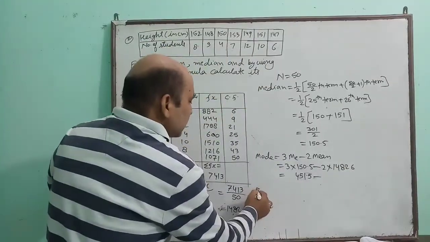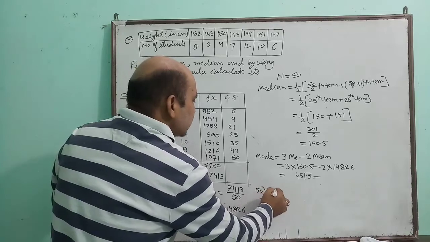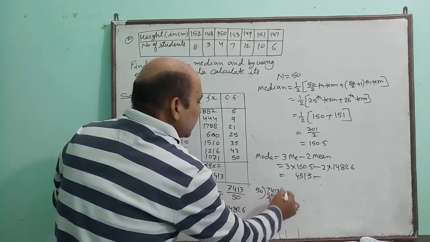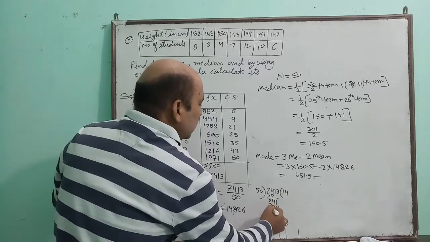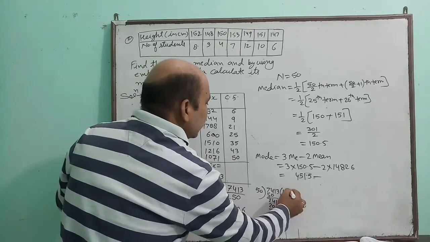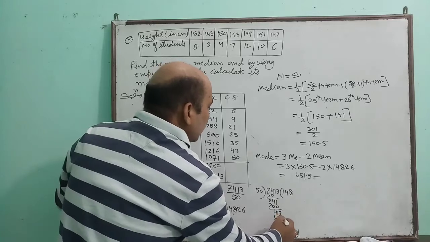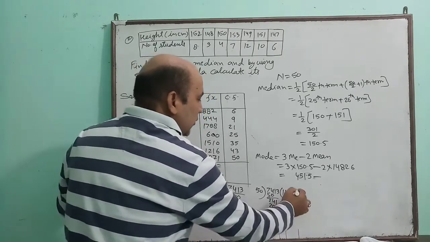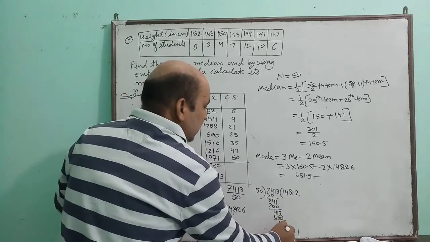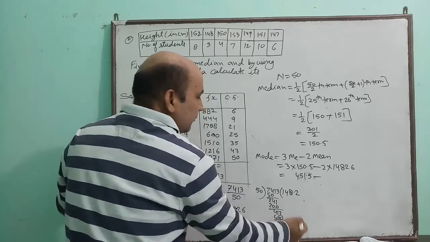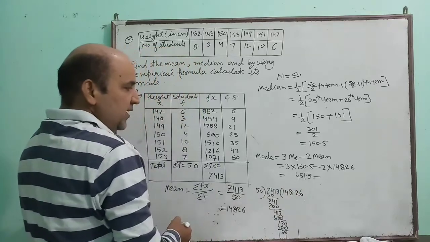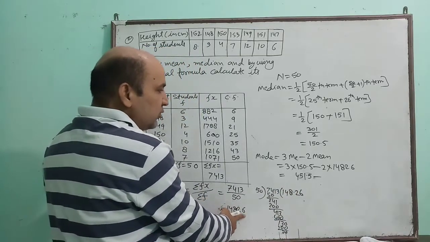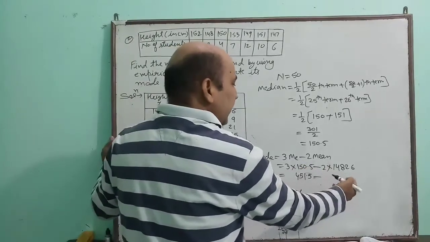When 50 divides 7413, 54 is 200, 413. Now we'll put the decimal, then we will increase by 0. So 52 is 100, 30 by increasing 0, 6. So that means this division was wrong. Here it is 148.26. Now it will come correct.